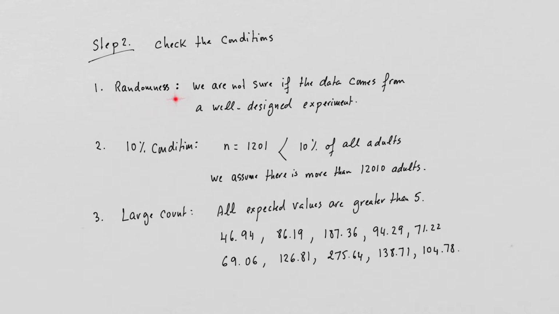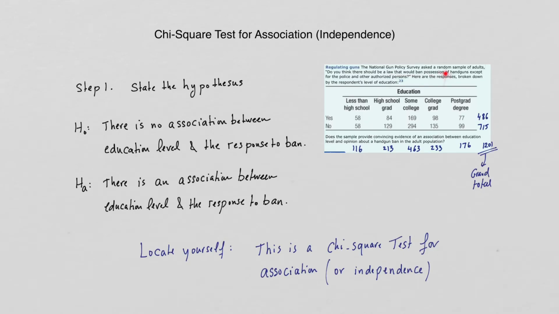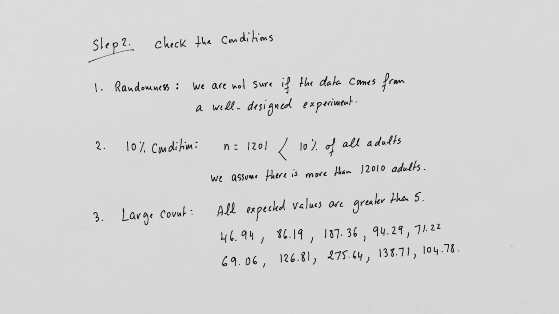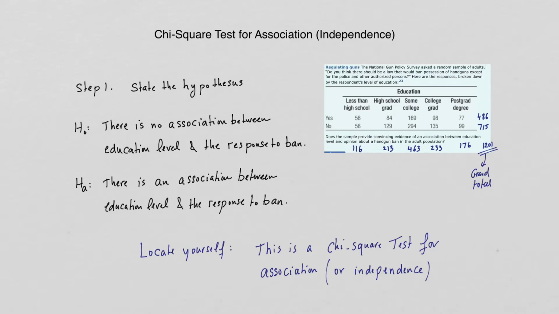The first one is obvious. You want to make sure that this sample they picked of 1,201 people represents the population of interest. When I read this, it says the National Gun Policy Survey asked a random sample of adults. When the book uses the word random, they mean a simple random sample. But when I read it, I assume this is not a good sample.